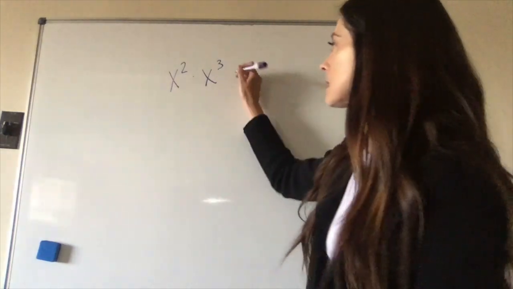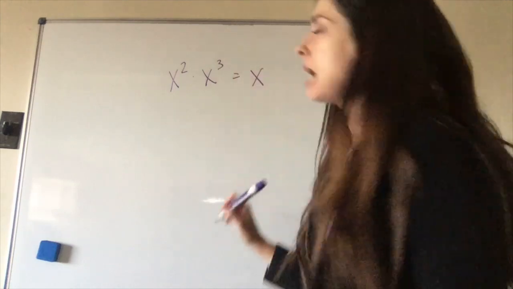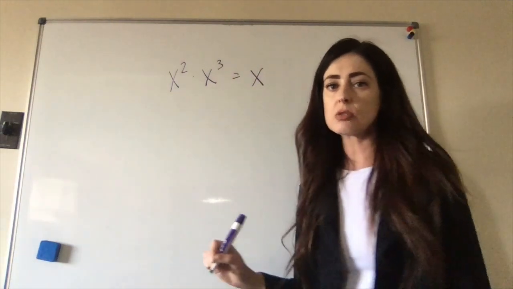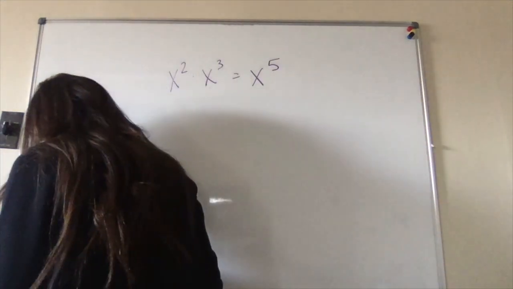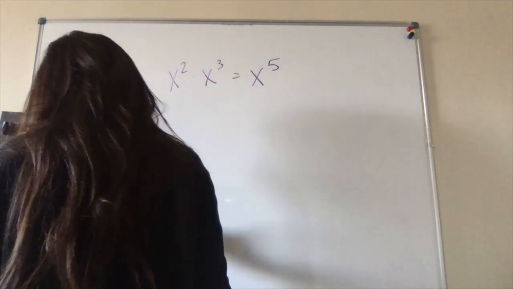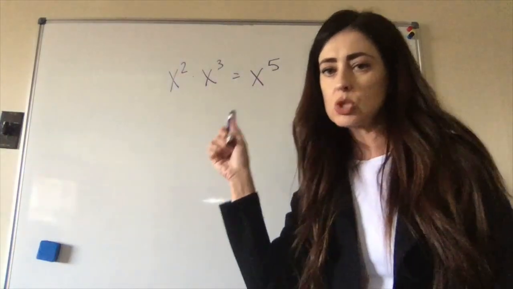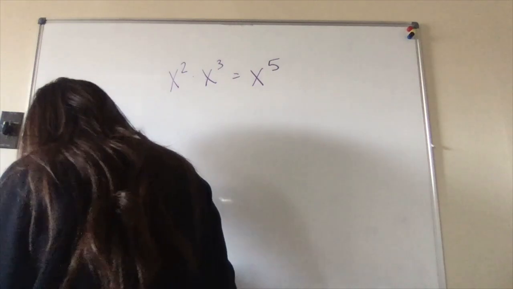So we have 2 x's, which means our base is going to stay x, and 2 plus 3 is 5, okay? So the rule for exponents is if the base is the same, you just add the exponents if you're multiplying. So let's look at an example.